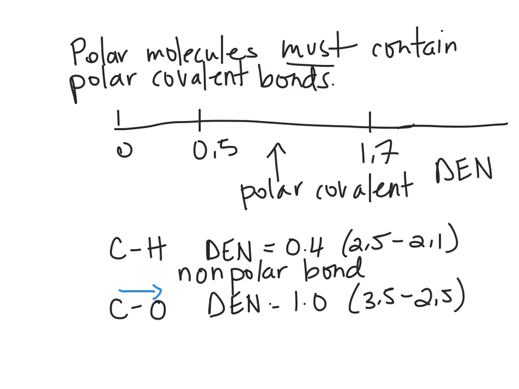The electrons are being pulled in that direction, leaving a slightly polar end. So the head of the arrow, the arrowhead, is the little bit negative, and the tail is the little bit positive. So let's take a look at an example.